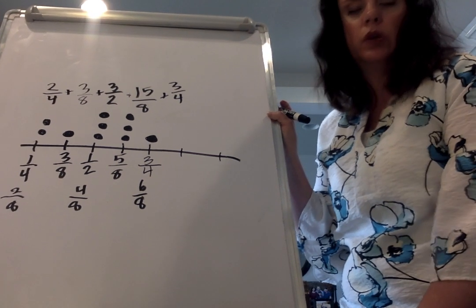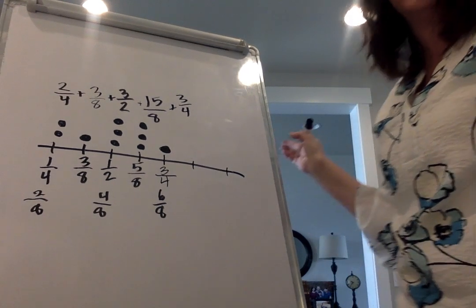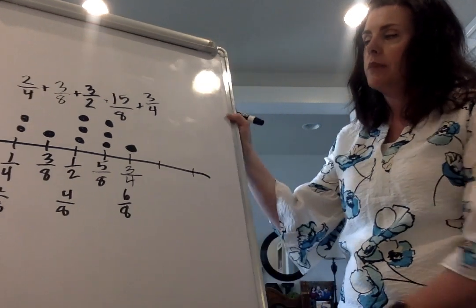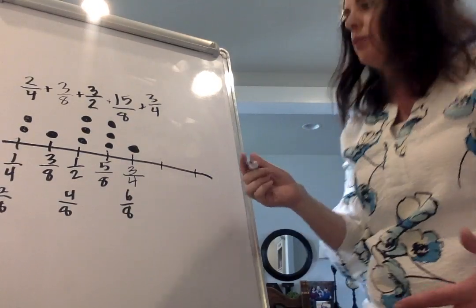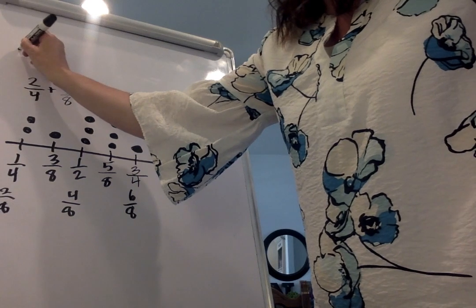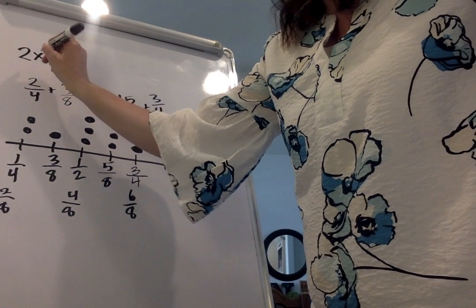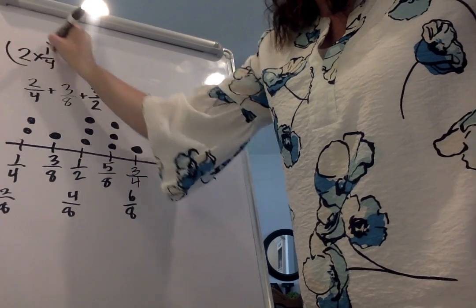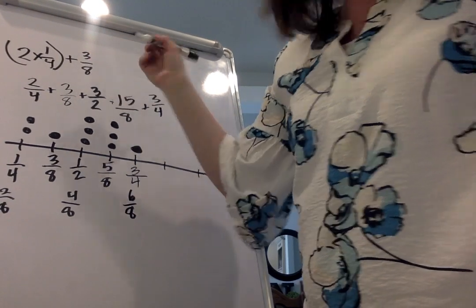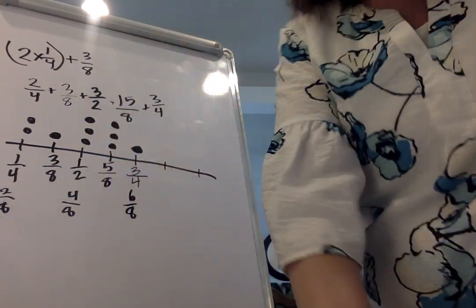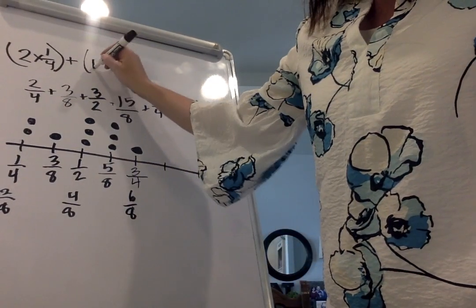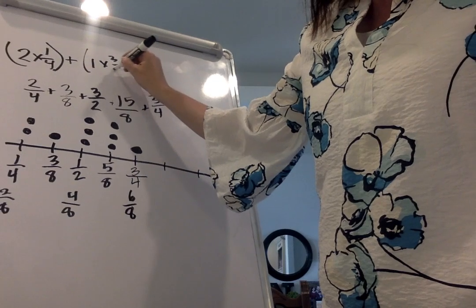Can I just show you another way that we could show the equation? I really should include that I'm not just adding them like this, but it would have looked like 2 times 1/4 plus 1 times 3/8. Let's put that so you understand.